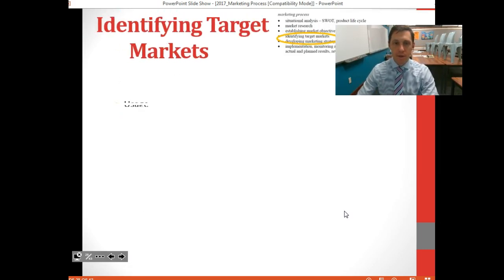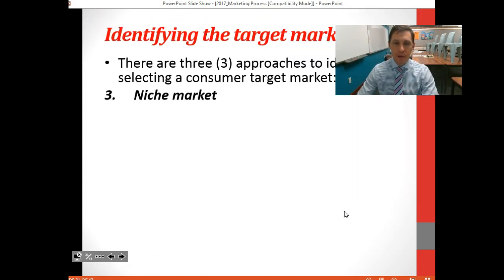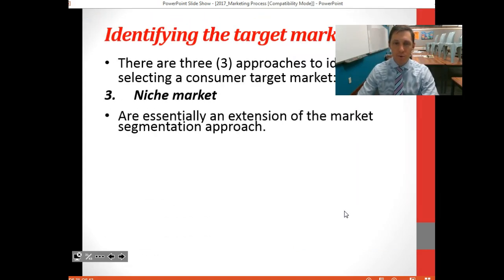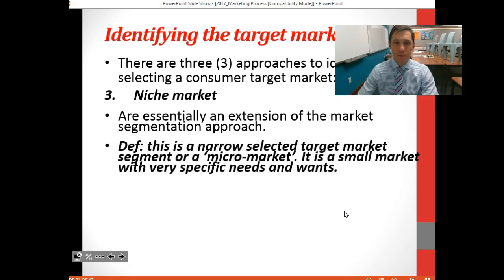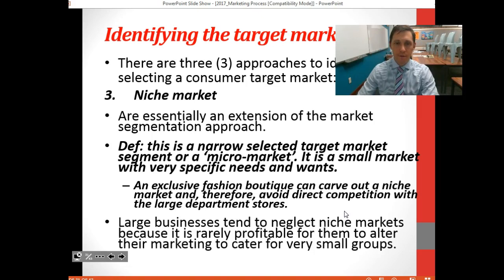Or lastly, it could be a niche market approach. And a niche market approach being, let's target a really small part of this market, smaller than any segmented part of the market, people who are after a very specific product. And through that, you can come up with your target market.